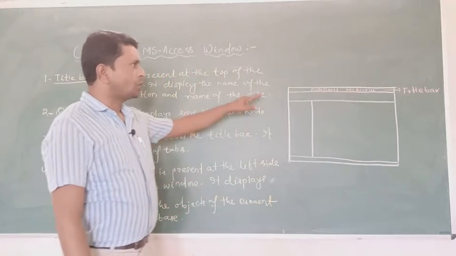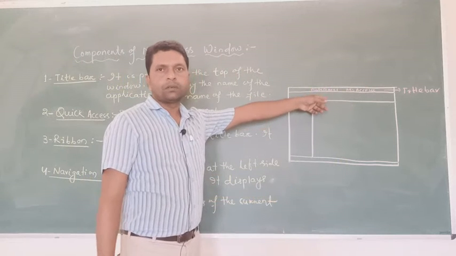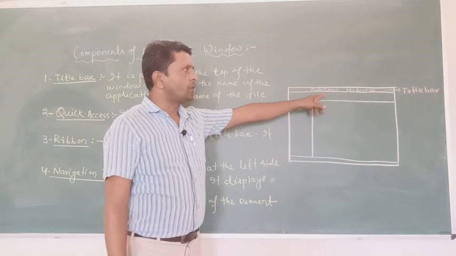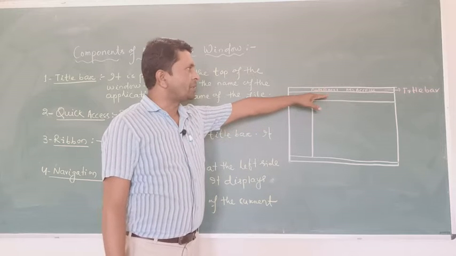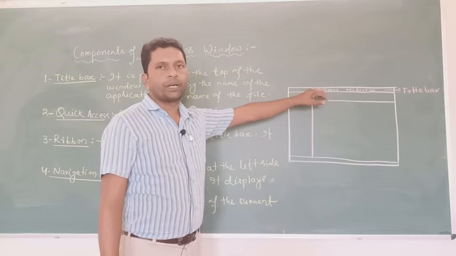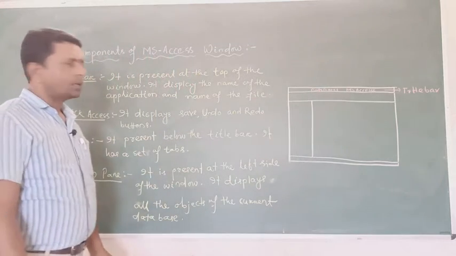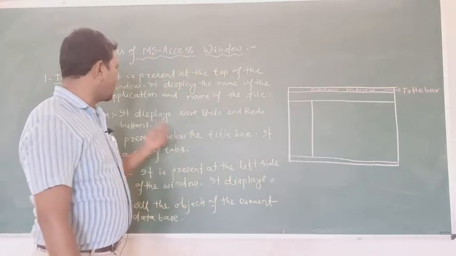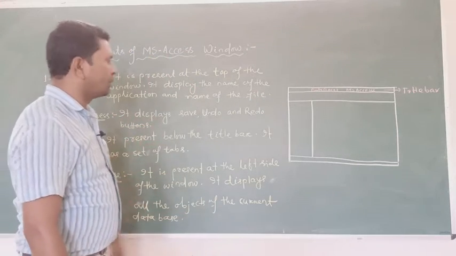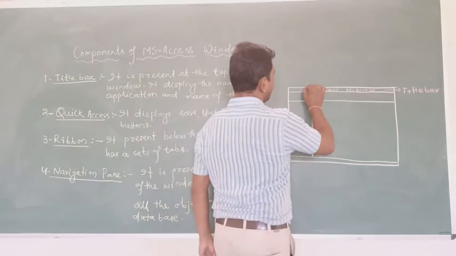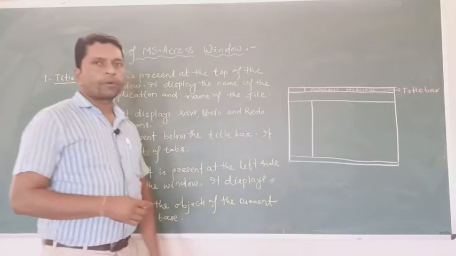Whatever your file name is, if you give it another name, then that name is shown. So if you named your file student table, then the file name shown here is student table. The next component is the quick access toolbar. It is a bar of very frequently used buttons, present in the top corner.